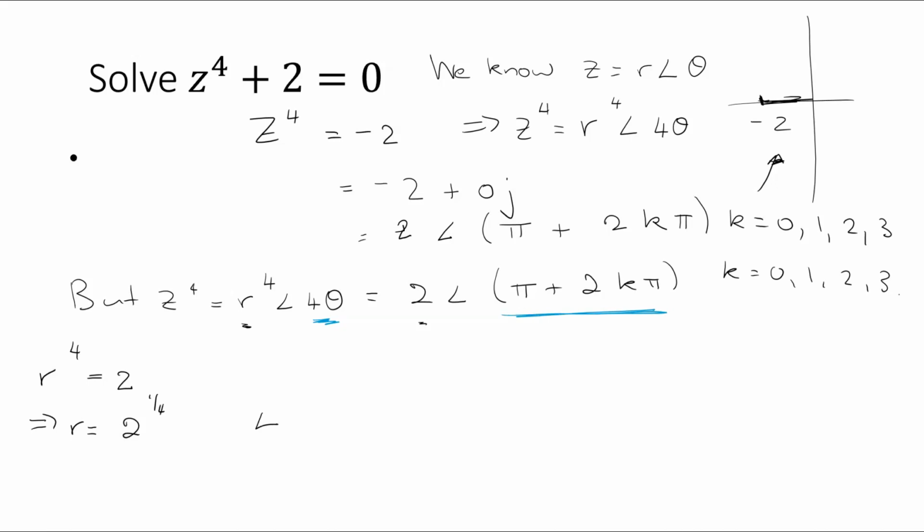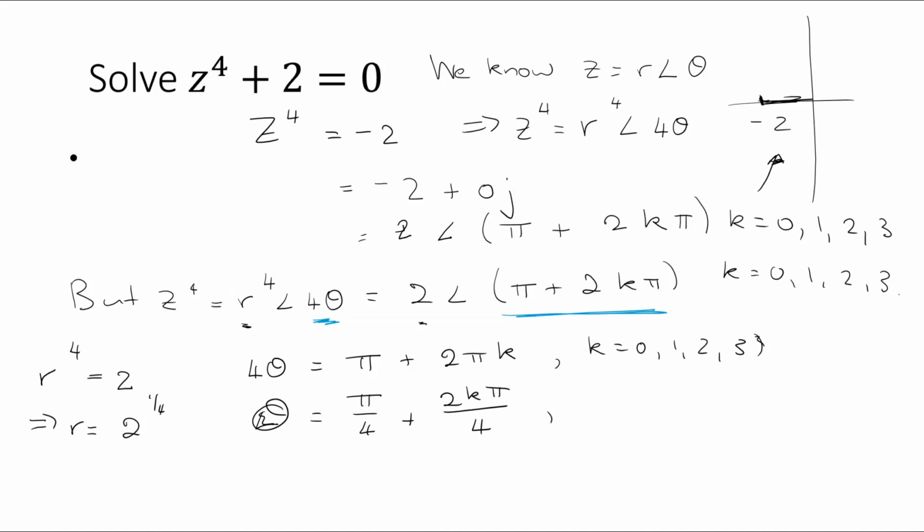So 4 theta must be equal to pi plus 2 pi k, which gives us that theta is equal to that divided by 4.